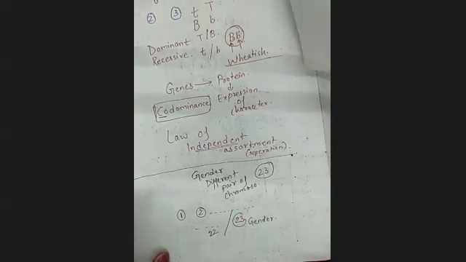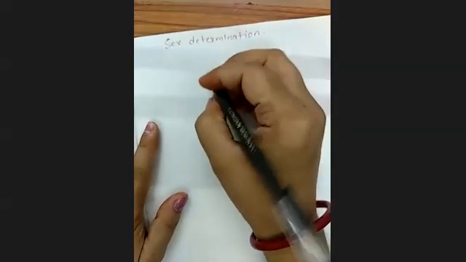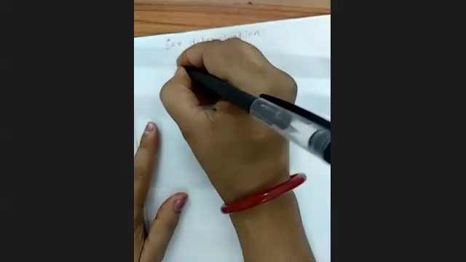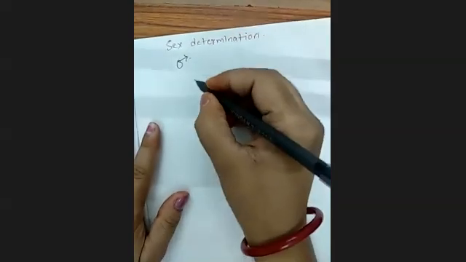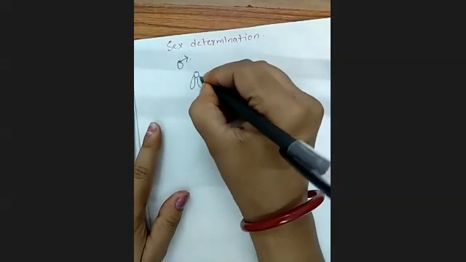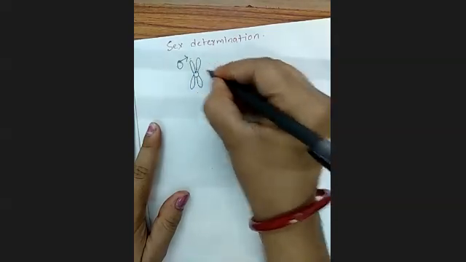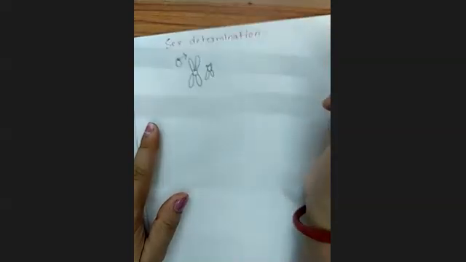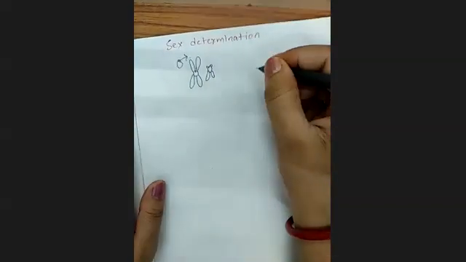Now this 23rd pair of chromosome, the last one, if you go for this, let's see here that if you are a male, then you have a pair of chromosomes with you. See, I'm drawing something very different over here.